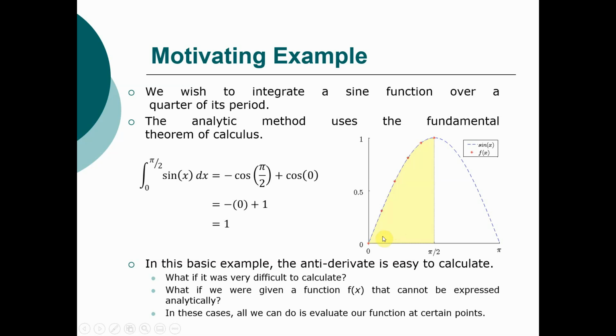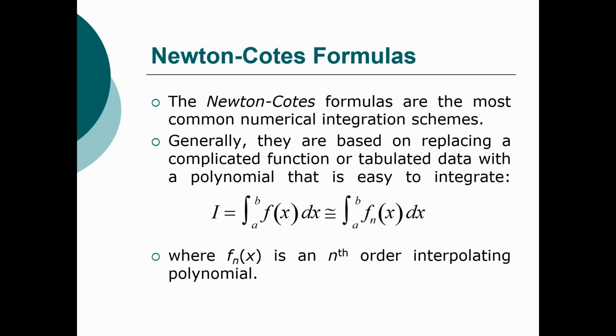We might have some sample data points, so we don't even have a function to take the antiderivative of, right? In these cases, these are two scenarios where we want to apply numerical integration methods, right? There are certain formulas, like Newton formulas, that are the most common numerical integration schemes.